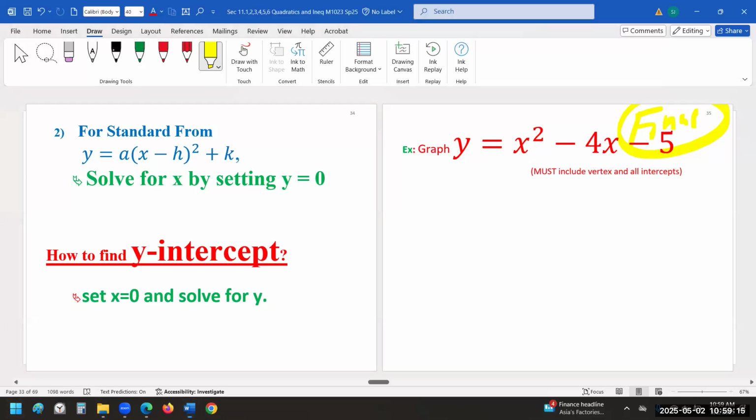So let's start with the vertex. Vertex is a point. So it has an x value and a y value. We need to find both of them. The x value of the vertex is same as, it has another special symbol h. And the formula is negative b over 2a.